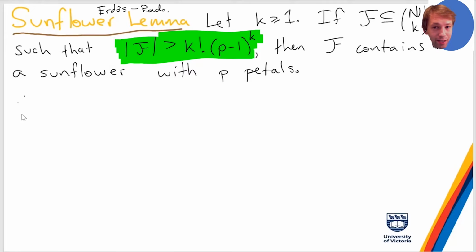There could be lots, that would be even better. But basically, if F is this big, you can't avoid sunflowers. There's always going to be one. There could be lots, though. I think probably if F was this big, there will be lots, but nobody knows how to prove that. But we can prove that there's at least one. Any other questions? Yeah, we'll talk about this bound a little bit later.